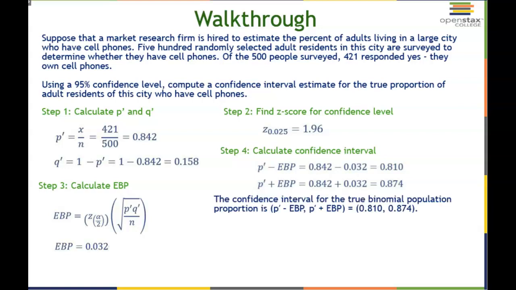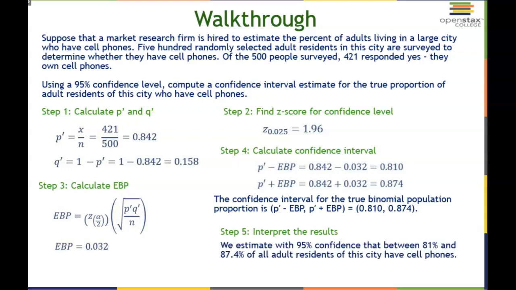Our confidence interval for our true binomial population will be 0.810 to 0.874. So let's interpret the results. We estimate with a 95% confidence that between 81 and 87.4% of all adults in this city have cell phones.